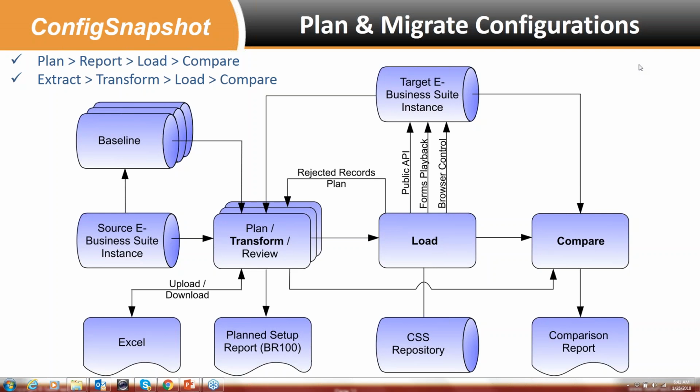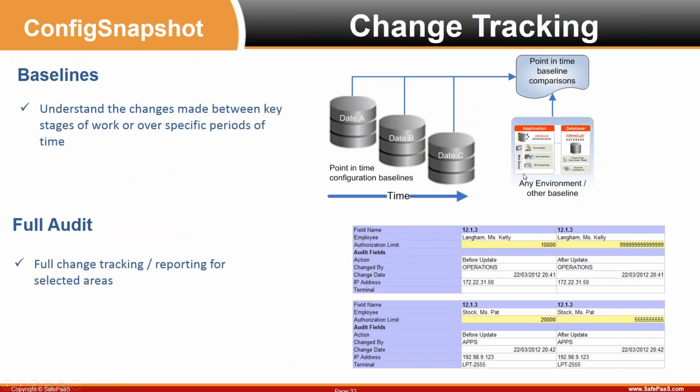And then the final bit, the next slide, is the change tracking side of things. Another key requirement in the E-Business Suite, really just to keep on top of where change is getting introduced. In this area, there are a couple of different ways that ConfigSnapshot will do that. You've got these baselines, which take a point in time copy of settings, generally holding that as XML data.